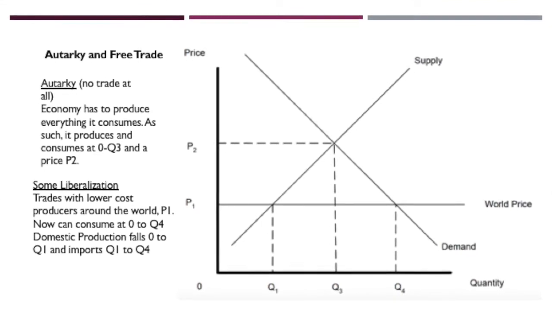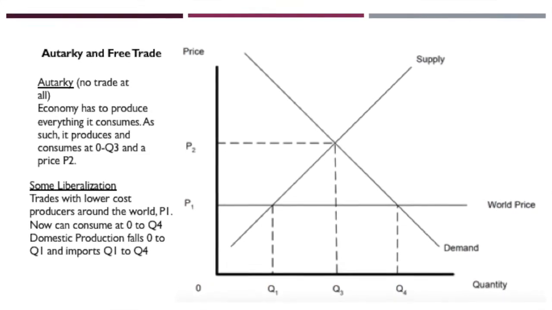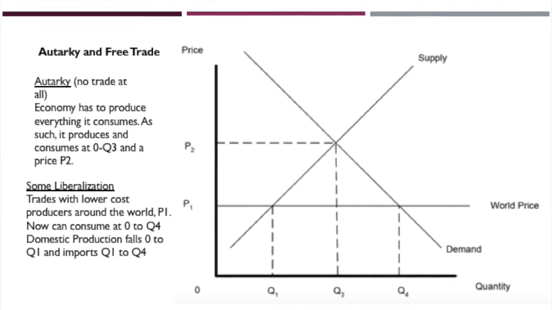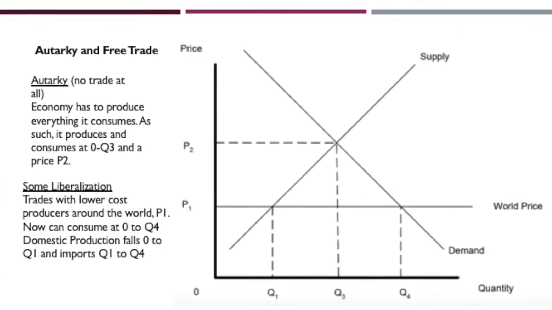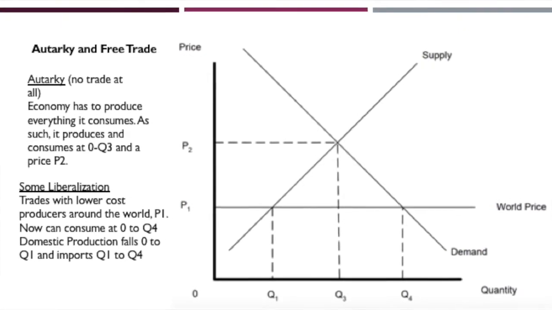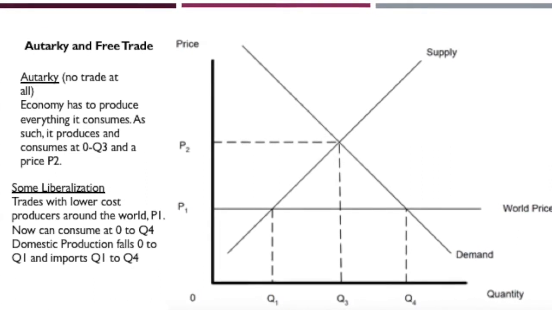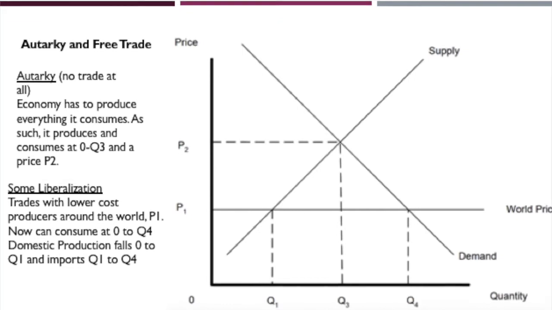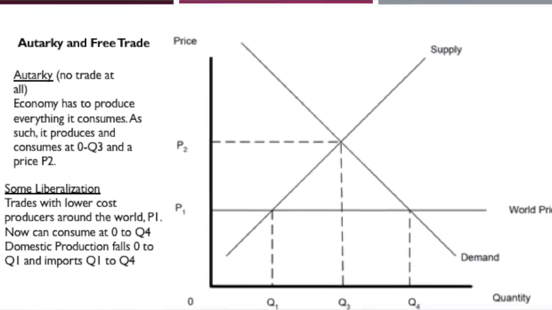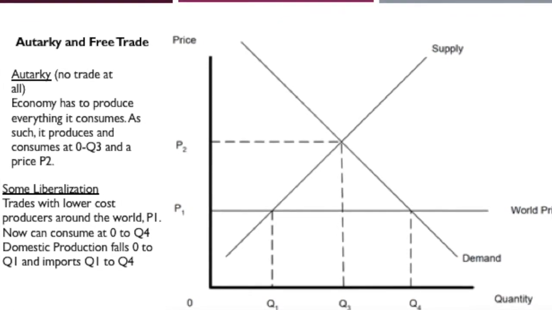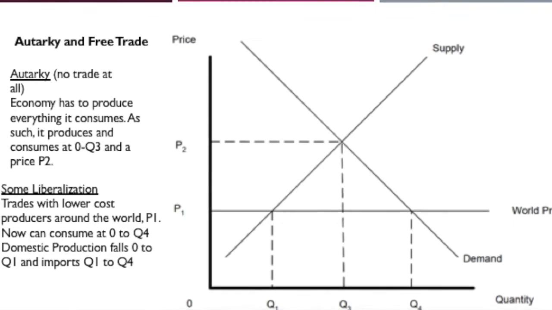And so on this diagram, you see that the government opens trade, opens the domestic economy to trade, and now begins to trade at global prices. So instead of a higher price, autarky price of P2, that world price, no tariffs, no restrictions whatsoever, drops considerably to P1. That is the world price. That is the least expensive price that the world has to offer in terms of goods and services.